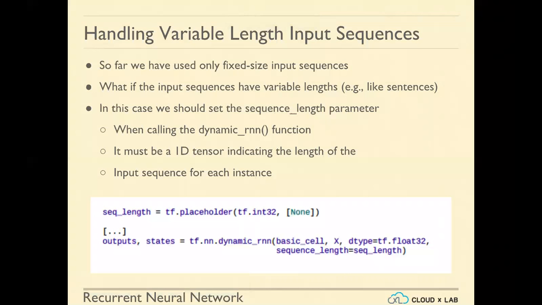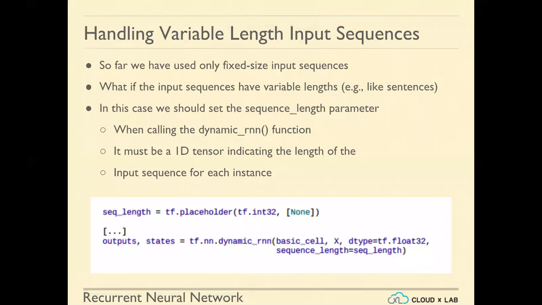In this case, we should set the sequence length parameter. When calling the dynamic RNN function, we would be setting the sequence length parameter, and it must be a one-dimension tensor indicating the length of the input sequence for each.